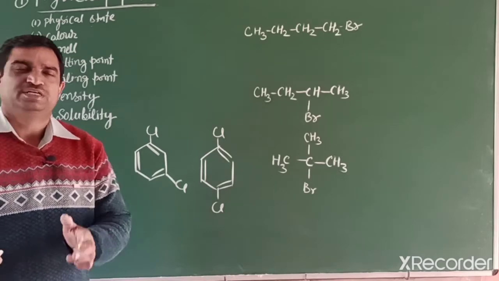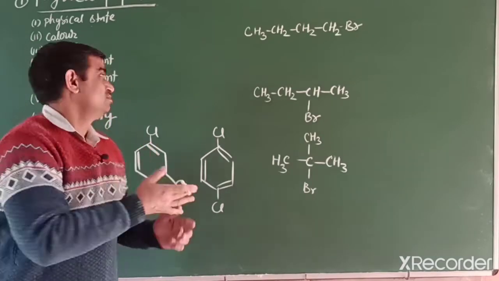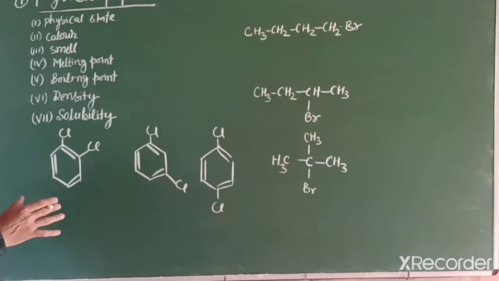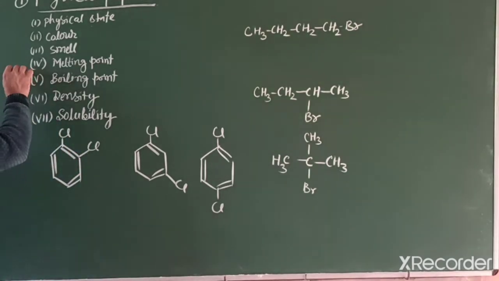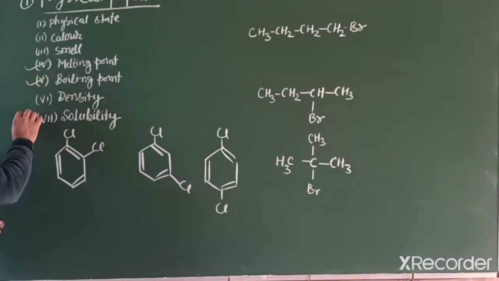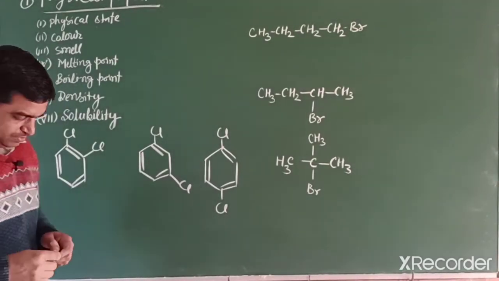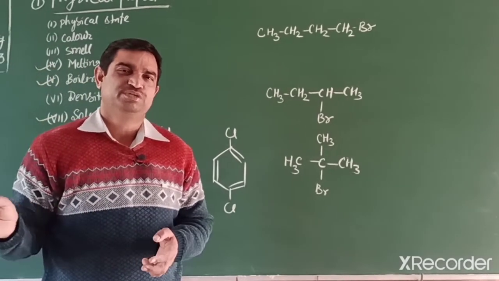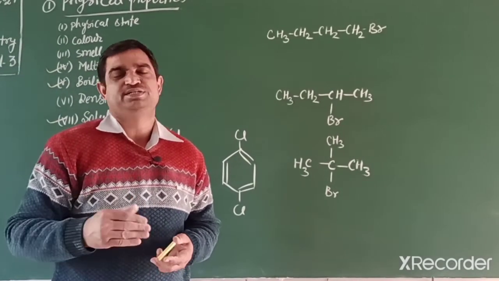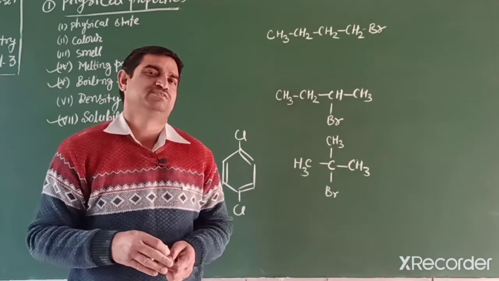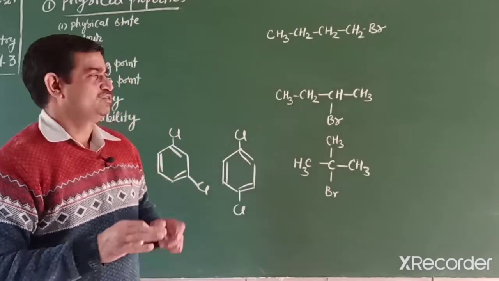In all chapters, out of these physical properties, three are more important: melting point, boiling point, and solubility. So our main focus in all chapters is melting point, boiling point, and solubility in water and organic solvents.